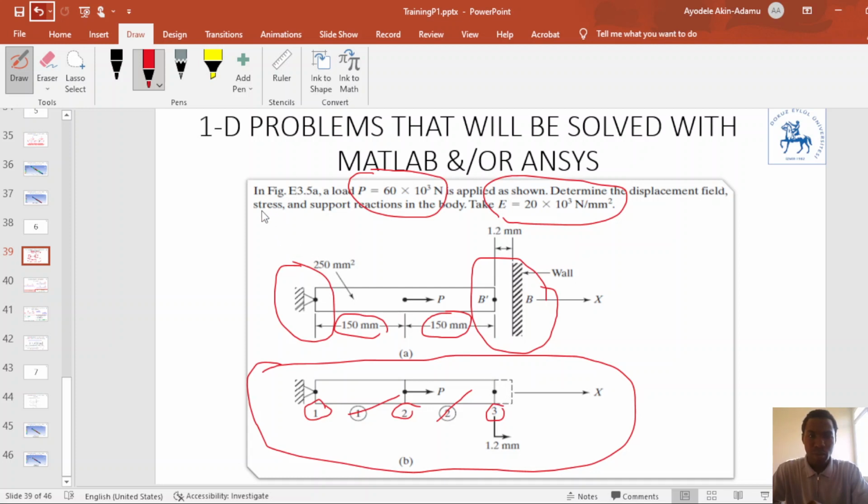We are also asked to determine the stress in element 1 and element 2, and also the support reaction at node 1 and at node 3. So I'm going to solve this problem by hand calculation. I'll show you in my next slide.